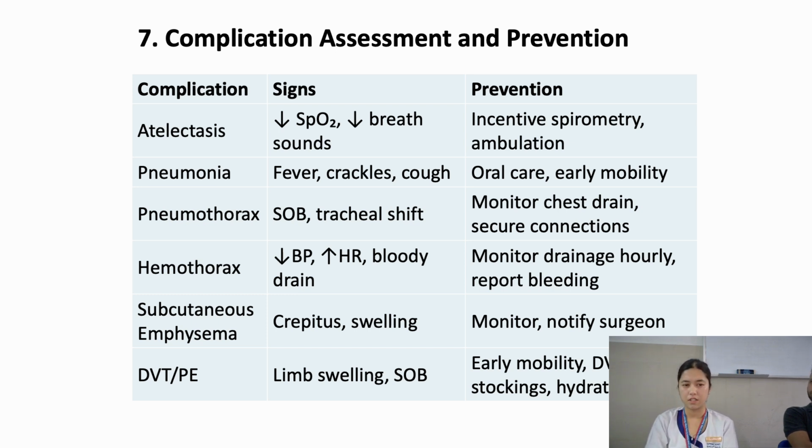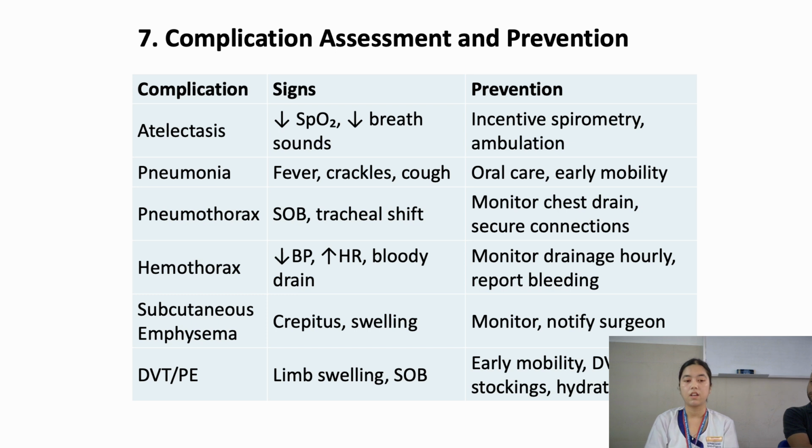Complication assessment and prevention. The complications: signs of atelectasis are reduced SpO2 and reduced breath sounds, and it is prevented by incentive spirometry and ambulation. Pneumonia, signs of fever, crackles, cough, prevented by oral care and early mobility.